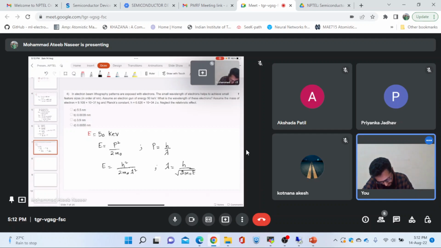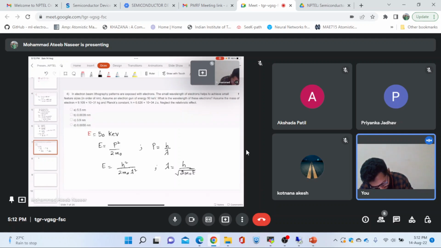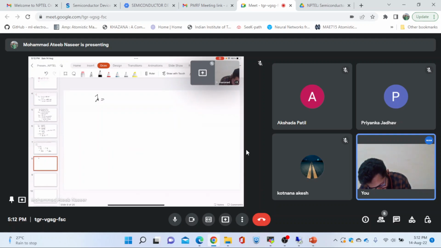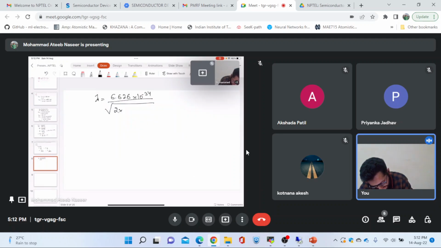Now let us substitute the values, as h is given to be equal to 6.626 into 10 raised power minus 34, and the effective mass is given to be equal to 9.109 into 10 raised power minus 31, and the energy was given to be 50 kilo electron volts, and we have to convert it into joules because h is in the units of joule.